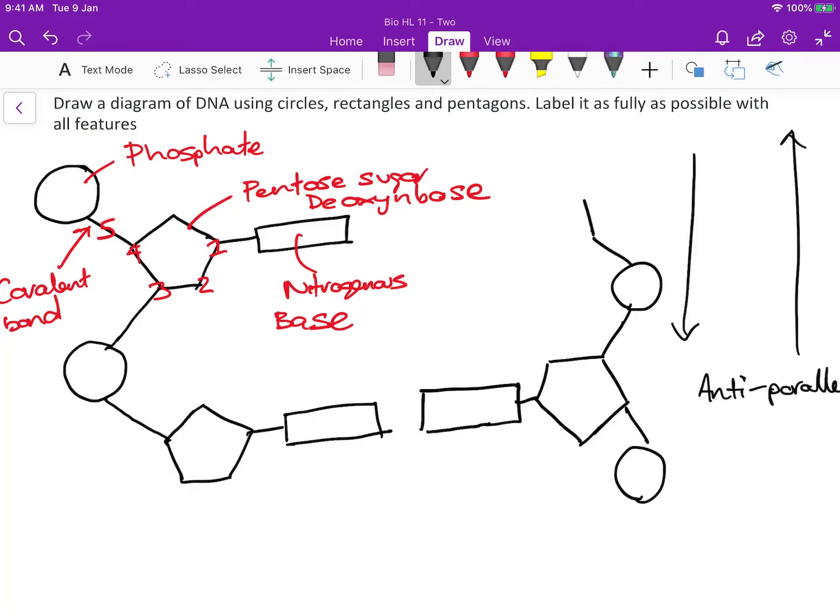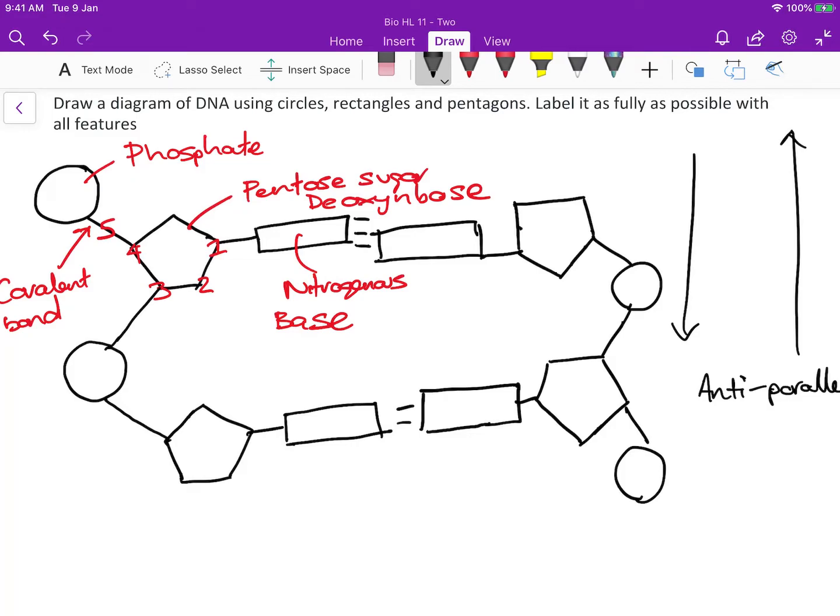I'm going to draw my next house. Draw out. Here's where they don't quite match. That's why it's easier to do it when you turn the paper. And so now I've got two strands drawn and they can link. So they're anti-parallel.